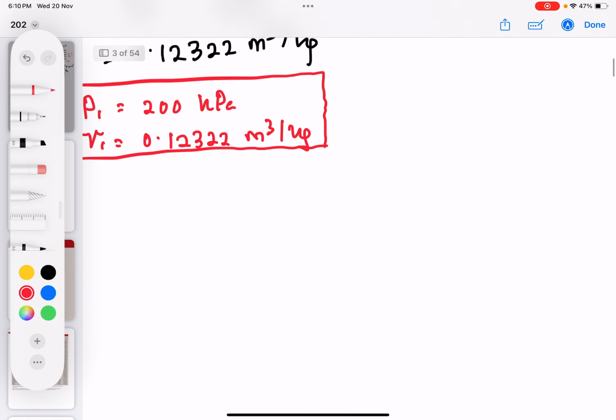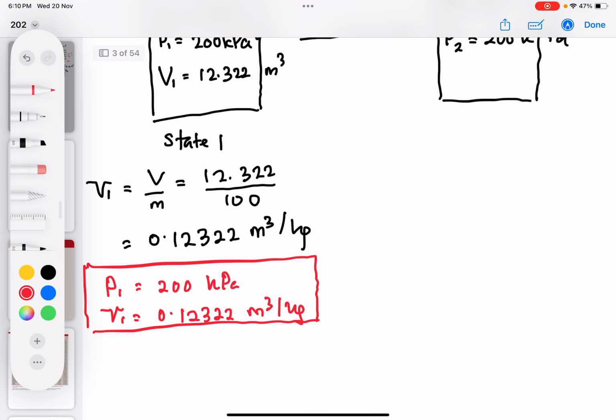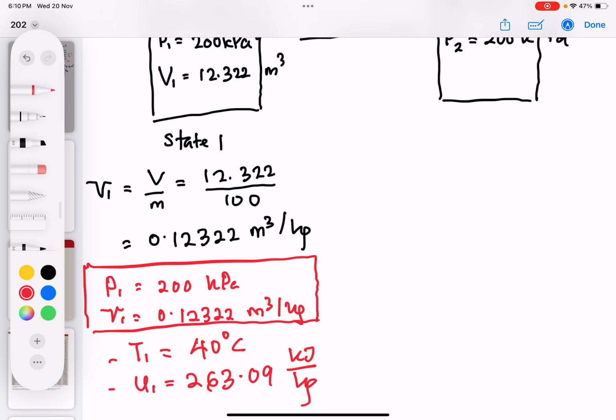Here I can write my temperature at state 1 was 40 degrees Celsius, and my U1 was equal to 263.09 kilojoule per kg. This one I just read off the table.